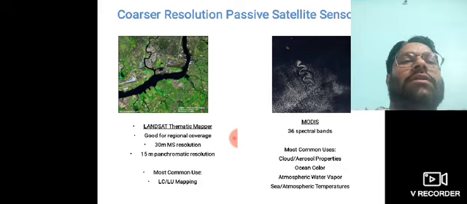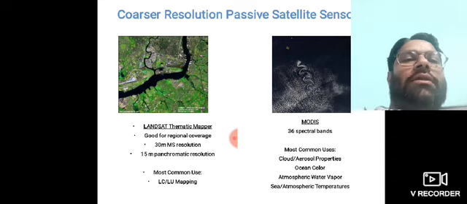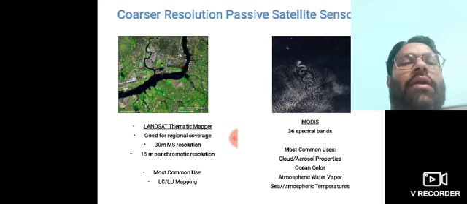Here are some examples. Landsat Thematic Mapper is an example of a coarser or lower spatial resolution sensor. It is generally 30 meter in resolution in color image and 15 meter in panchromatic image.